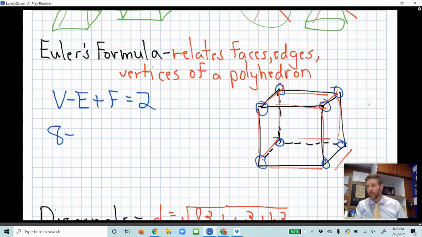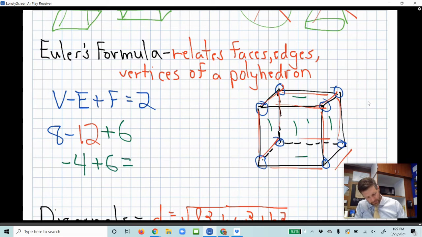So we can subtract our 12. And then we're going to add our faces. 1, 2, 3, 4, 5, 6. So we've got our 6 faces. So 8 minus 12 is -4. -4 plus 6 equals 2.